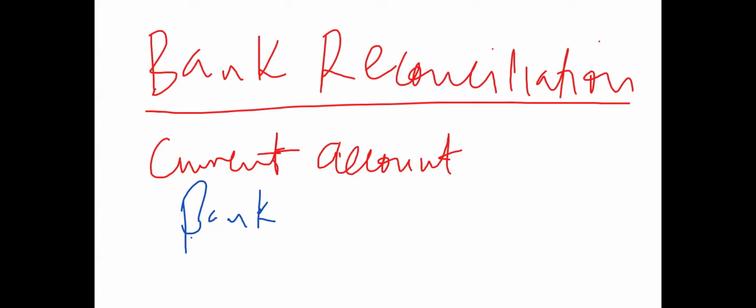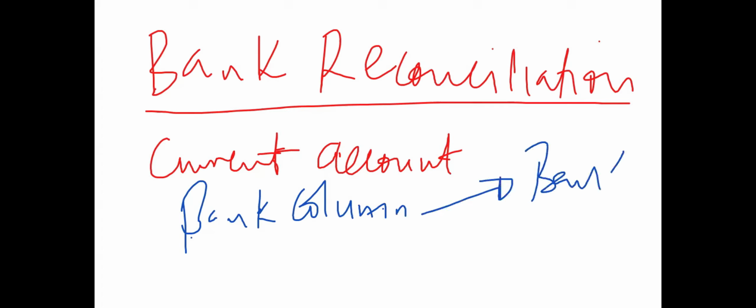So we expect that the bank column of our cash book is expected to be the same in terms of its balance as the bank statement balance, because at the end of every month we can pick our current account statement or ledger.